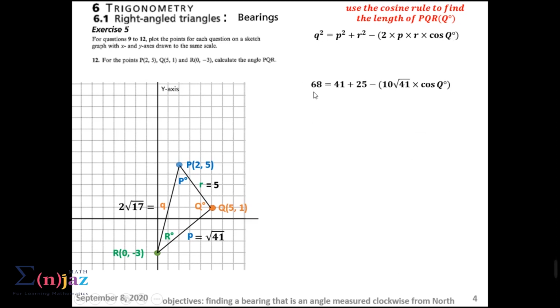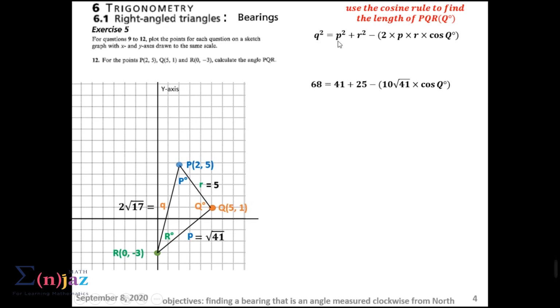Now let's substitute in this formula. Q squared is actually 68, because if you put square root of 17 all to the power of 2, you're going to end with 68.